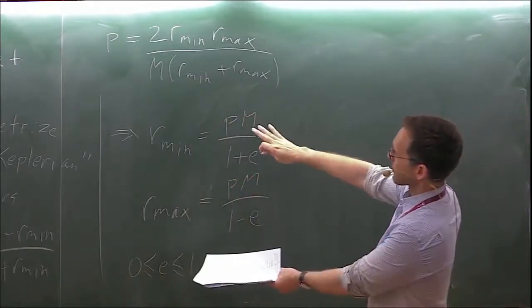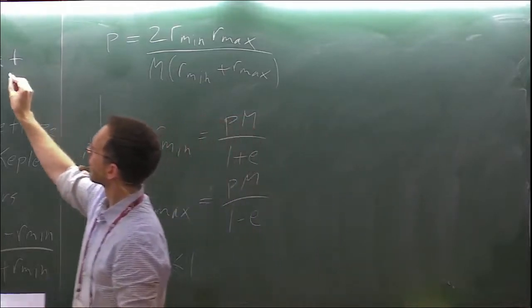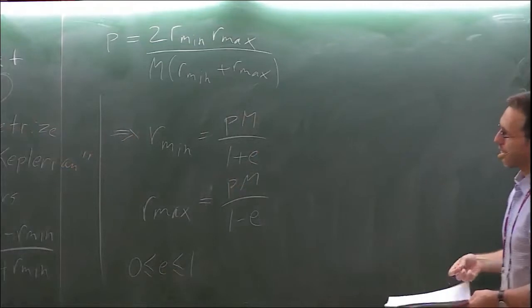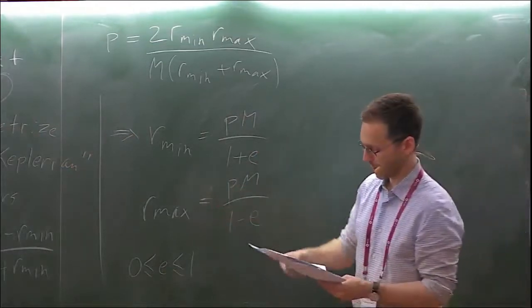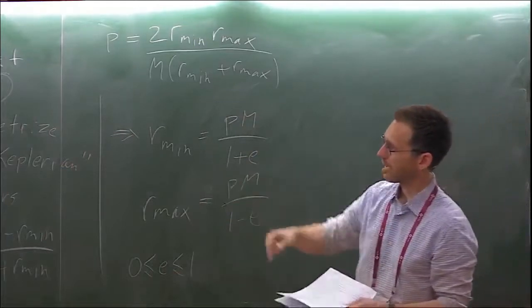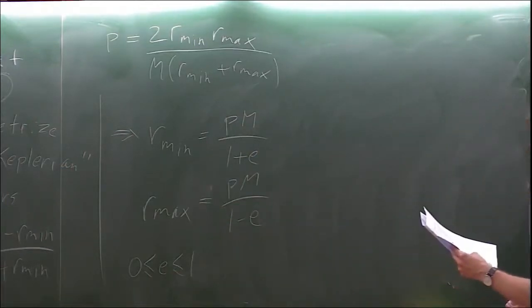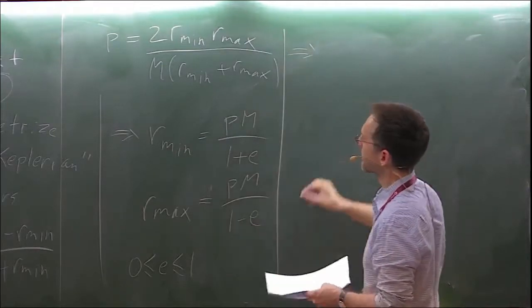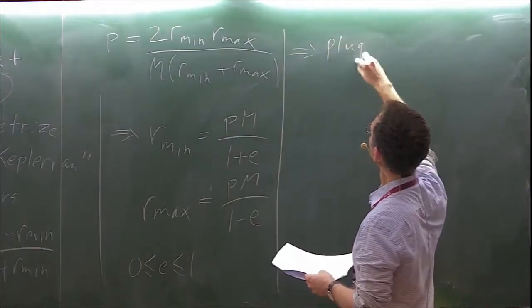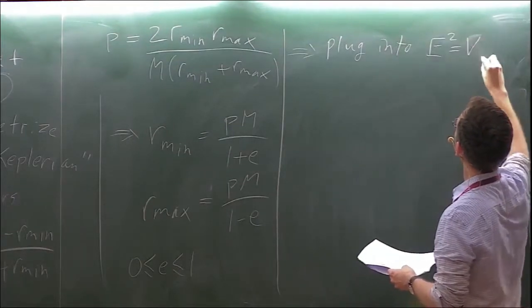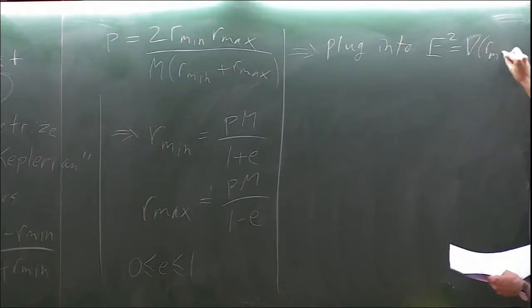So now we take these parameterizations, put them into this equation, and solve for what R max and R min are in terms of E and Lz. Or put another way, this is our min or our max.